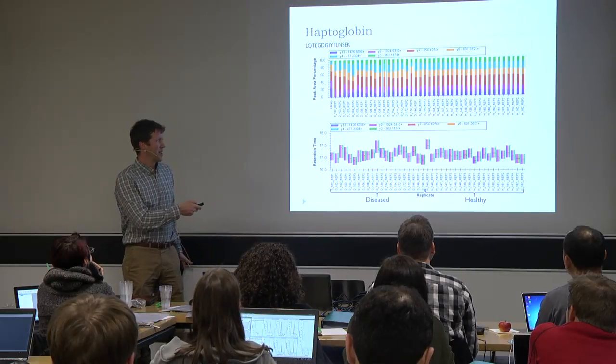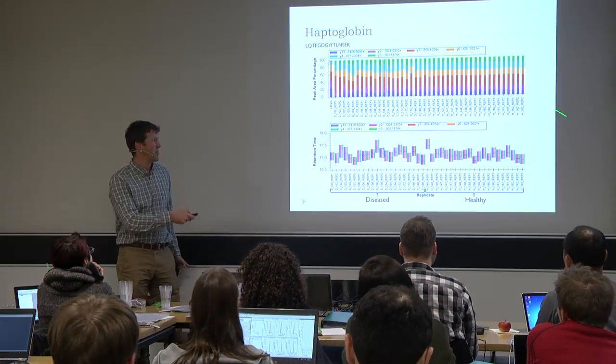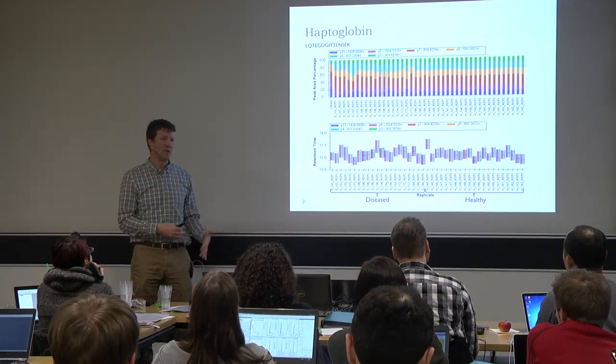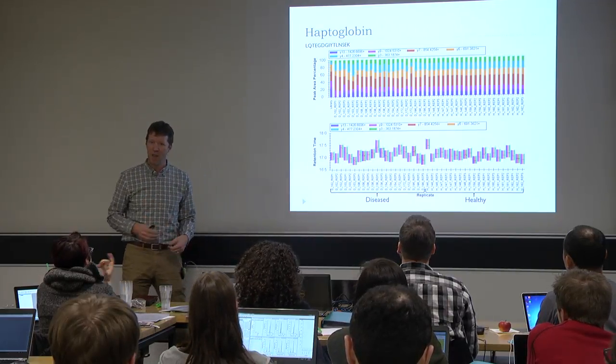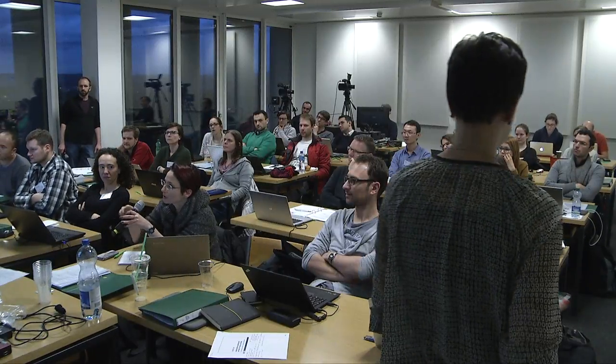I want to quickly go back to the retention time side of things. Does anybody see any problems in the retention time? Yeah, go ahead. The retention time looks very different also inside if we consider just the replicates. Sorry, what was that? There are some fluctuations in the retention time among all of the samples, but also if we consider only the replicates.